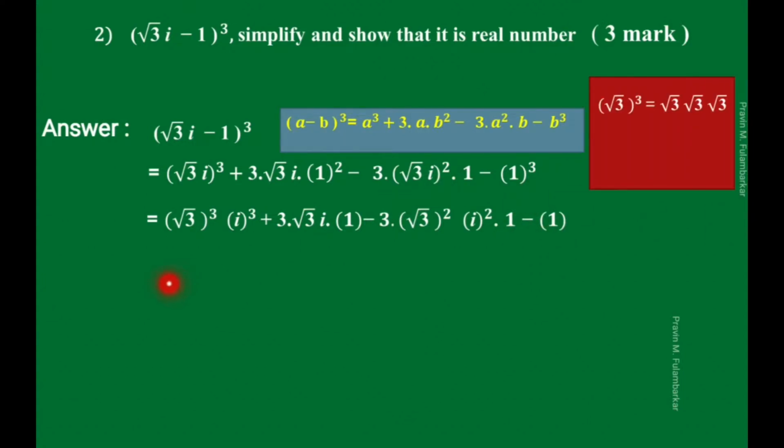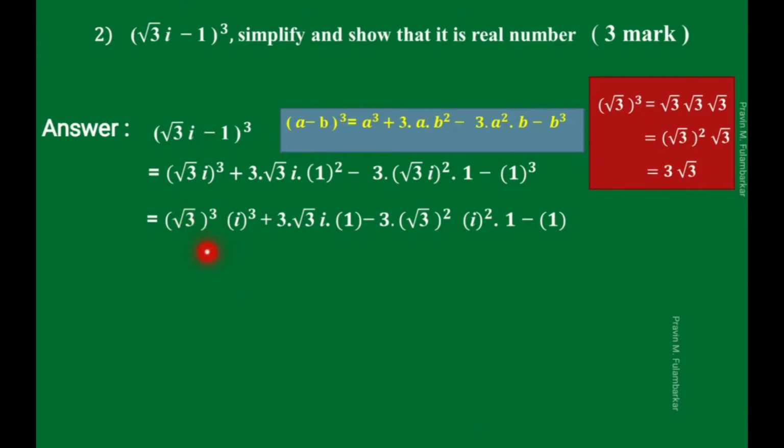So we write root 3 cube as root 3 into root 3 into root 3 because the power is 3. Now root 3 into root 3 is root 3 square, and we know that square and square root get cancelled, so we write this as 3 root 3.